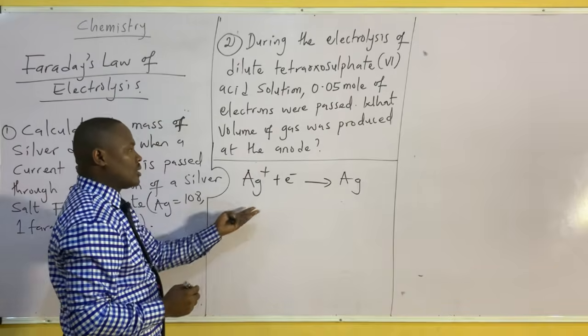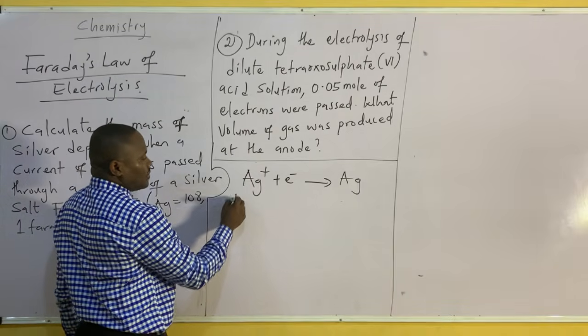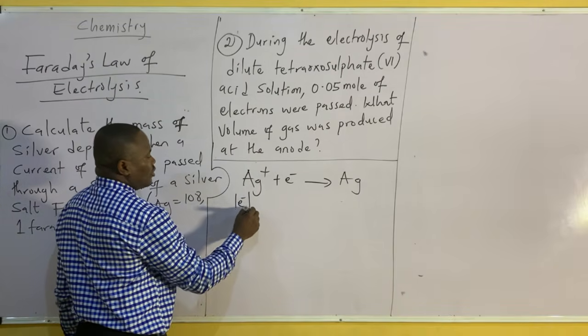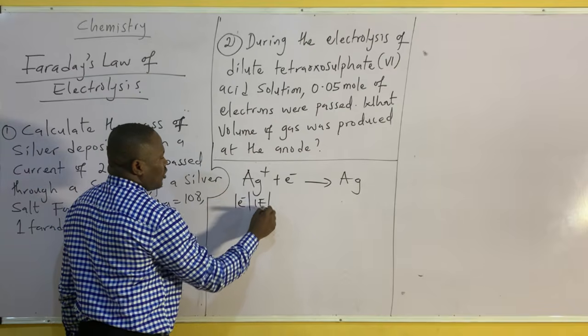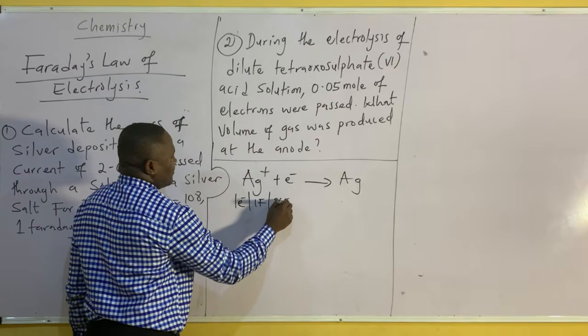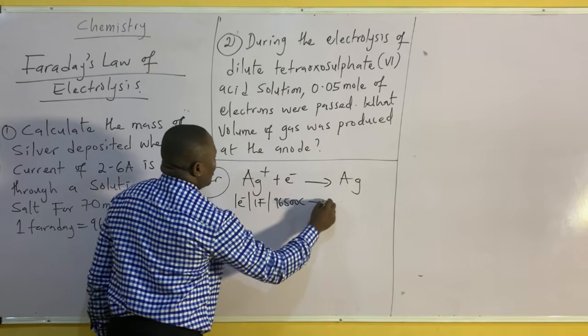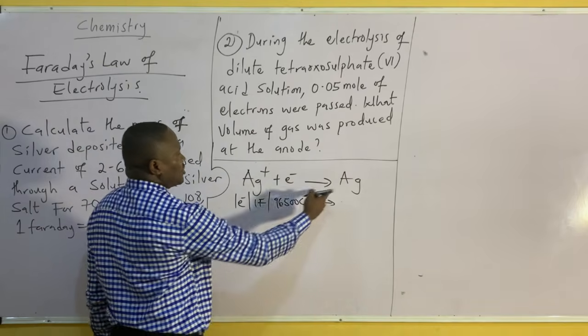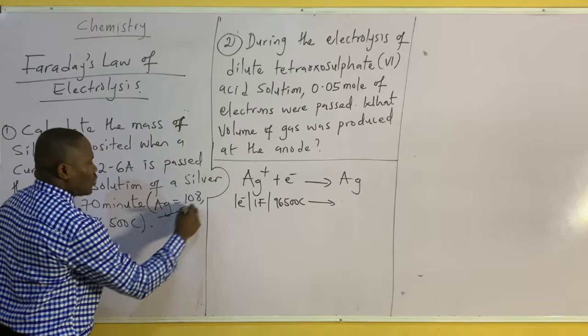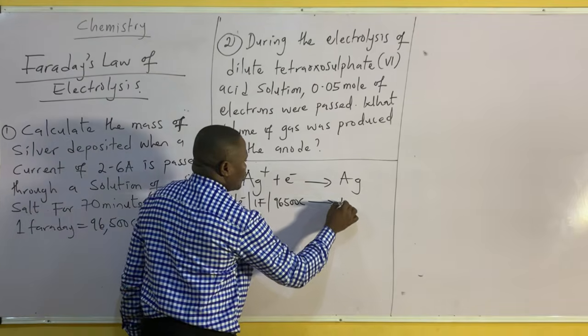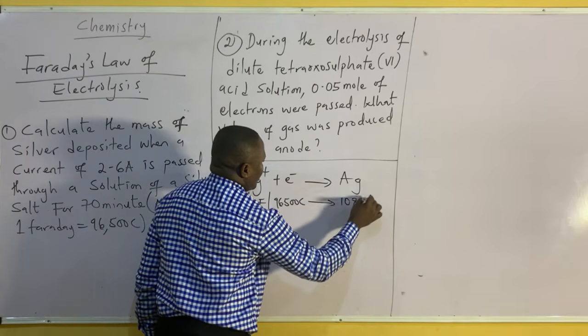Now what does this one mean? It means that, just like what I explained, 1 electron, or 1 Faraday, or 96500 coulombs of electricity will deposit silver, here is 108, will give us 108 grams of silver.